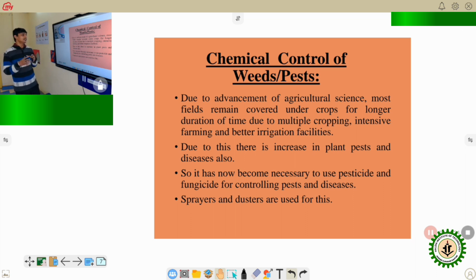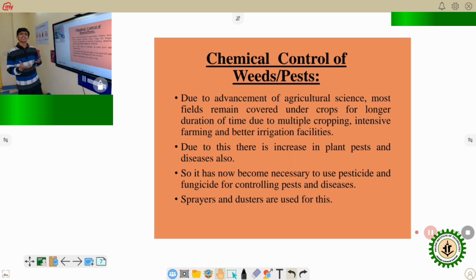So it is necessary to control the pests and diseases of the crops and the weeds in the field in a very effective way, so that this loss of around 20 to 25% can be minimized. And for this purpose we can use sprayers and dusters very effectively.